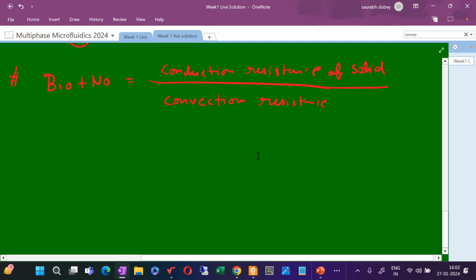And the convection resistance is of what? Of the fluid surrounding it. No, convection resistance of what?